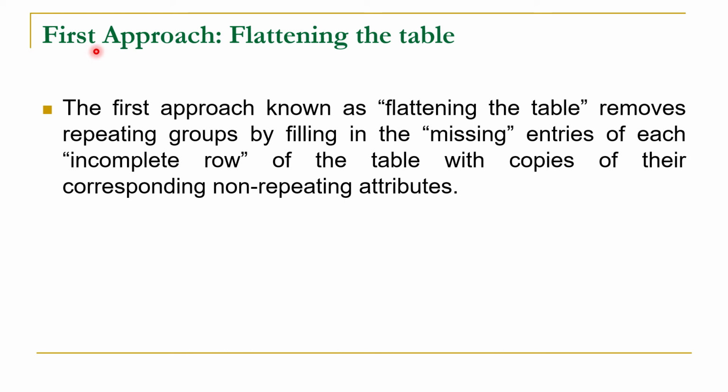It is now important to understand that in order to convert any unnormalized table to first normal form, there are two approaches. The first approach is called flattening the table. So under the first approach, we have to flatten the table. Now let us understand how we can flatten the table.